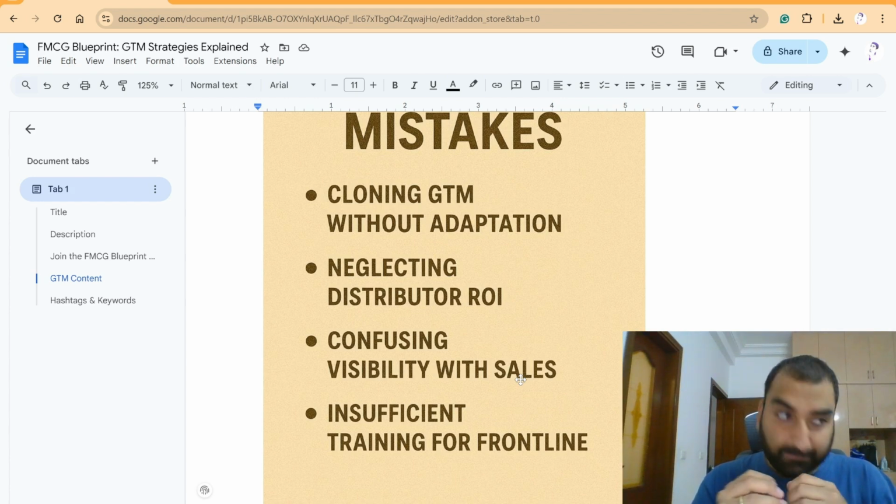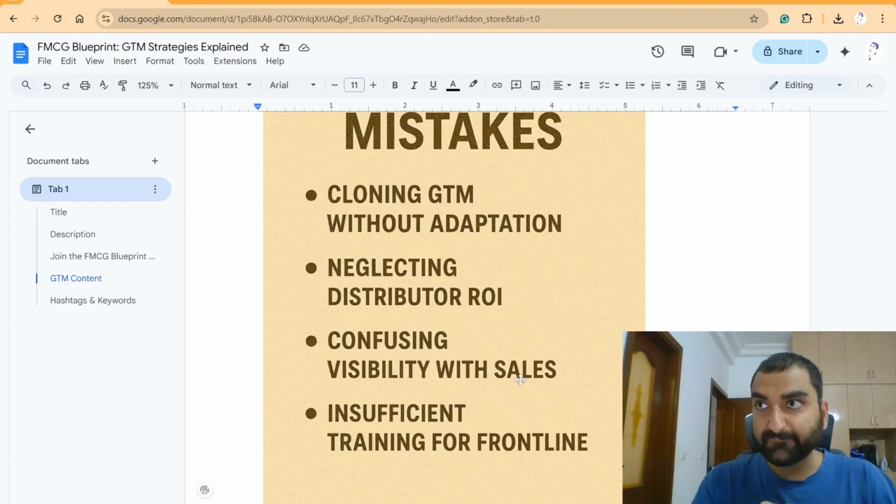You can make good plans in Excel, you can have the best GTM strategy, but if your team is not trained enough to execute it well in the market, your GTM strategy could completely fail, and execution becomes one of the key metrics in ensuring a successful GTM launch.